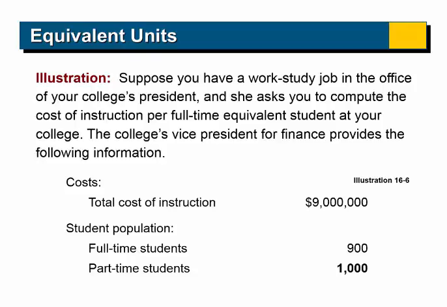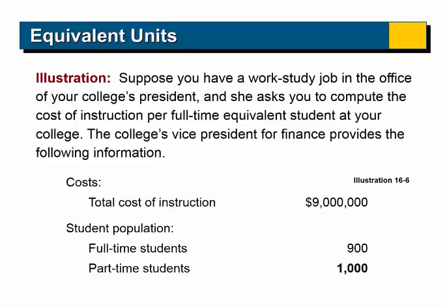All right, so the college's vice president for finance provides you with the following information. The total budget or cost of instruction is $9 million. We have 900 full-time students and 1,000 part-time students.